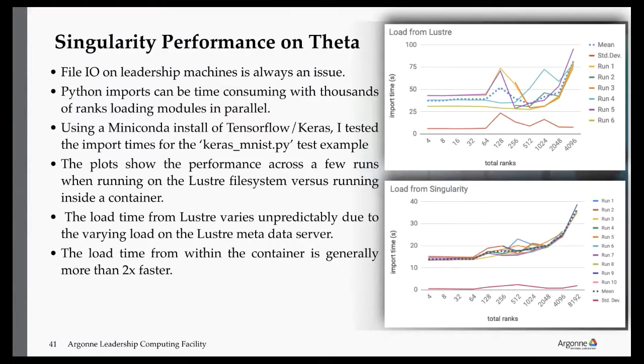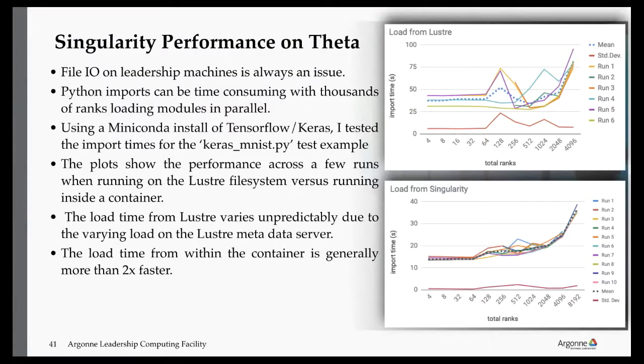So if you do this inside of Singularity, which is the bottom case, so this is now doing all of the imports inside a Singularity container, you can see, first of all, you get much more stable performance from run to run, but you also get much better performance as far as total load time.